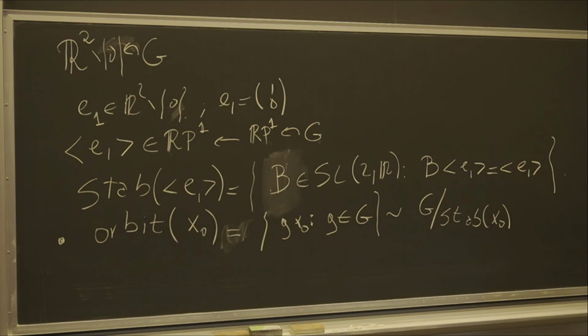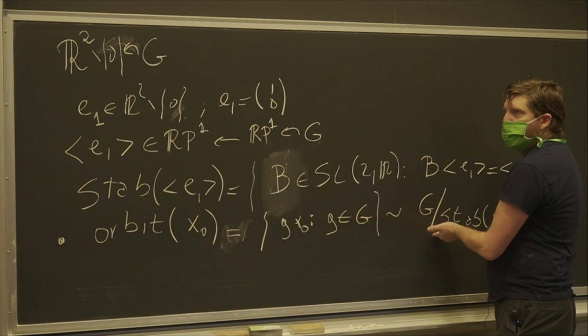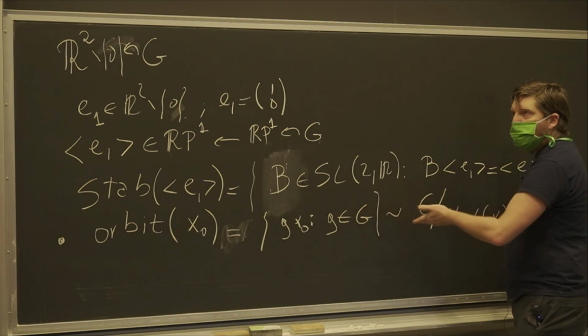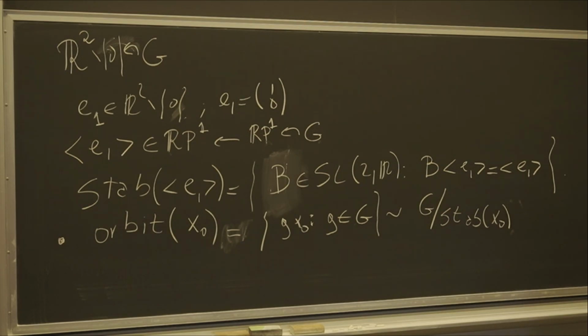So this stabilizer is naturally a subgroup. The definition is essentially what is written up there: the elements that leave this element fixed. And there is a natural bijection between this and this, and this natural bijection is, in general, a homeomorphism with whatever natural topology we want to discuss there.